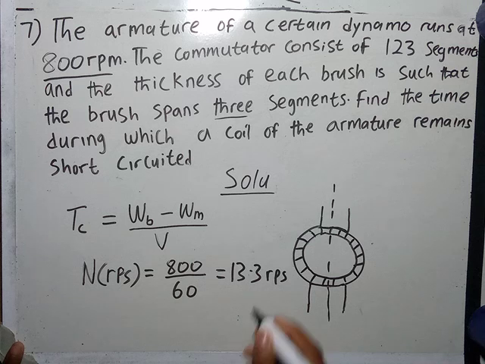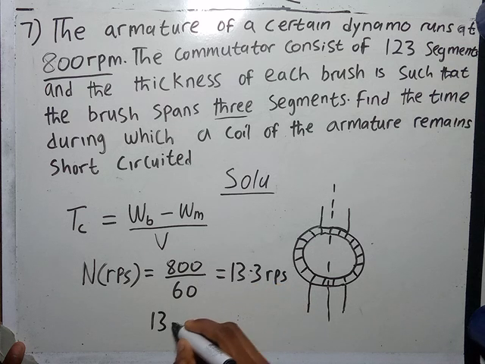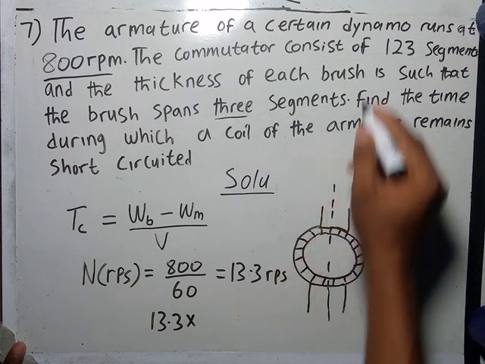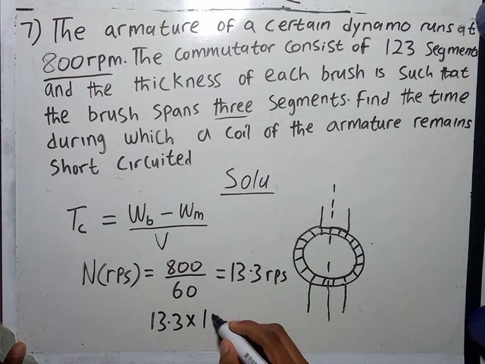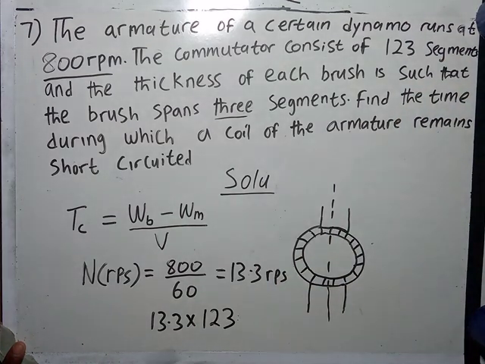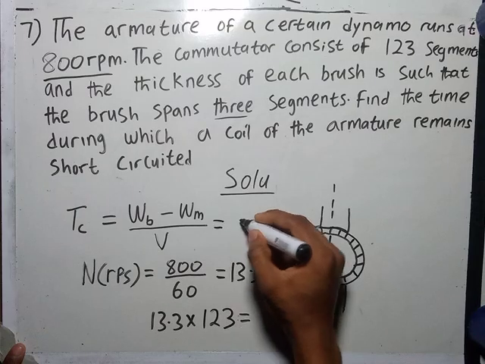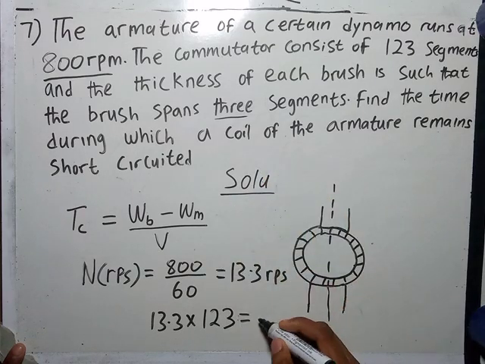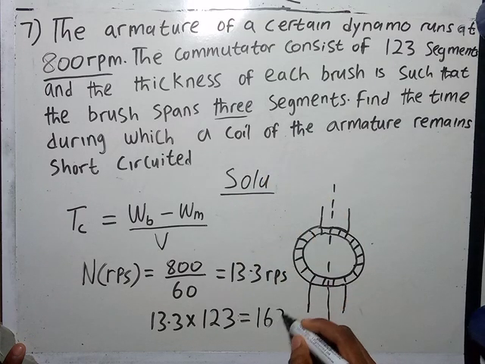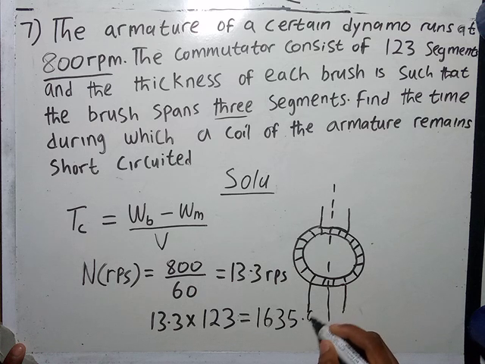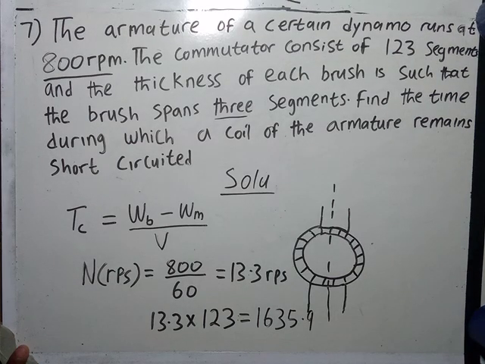So multiplying this value, your 13.3, by the number of segments, this will give us 1635.9 segments.